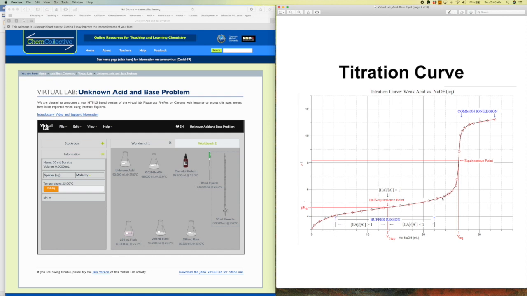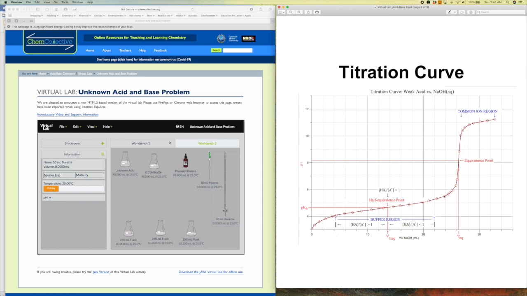If we had gone by 1 milliliter increments, so let's say we're here, 1 milliliter would be here, and so we would jump from this point to this point, and we would be missing all these points in between in this region, right? Which we don't want to do.